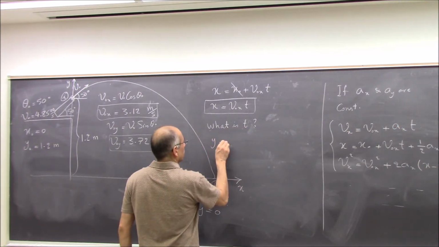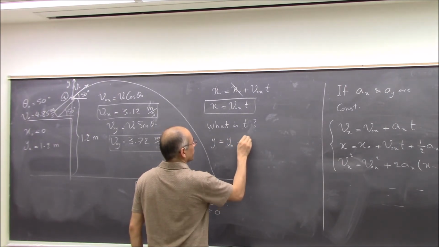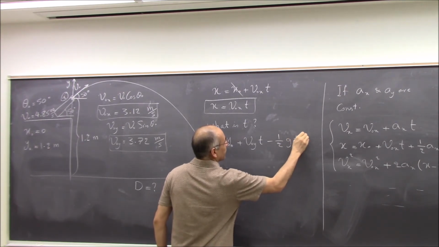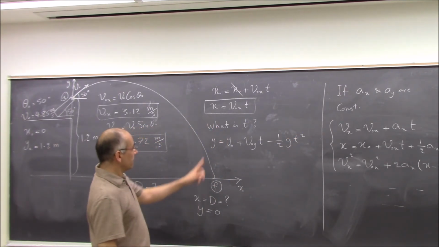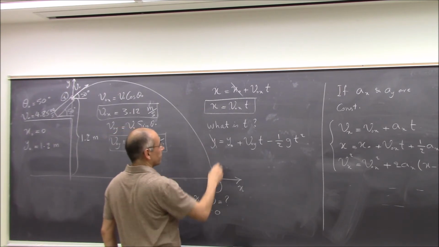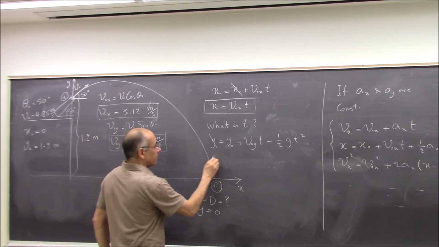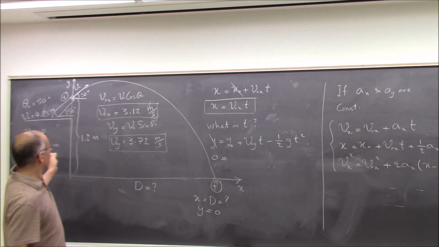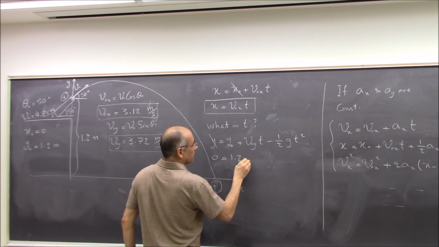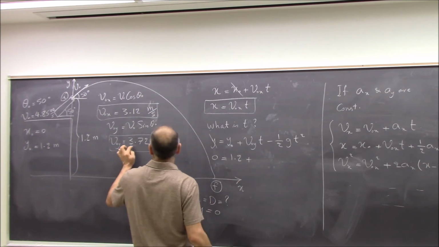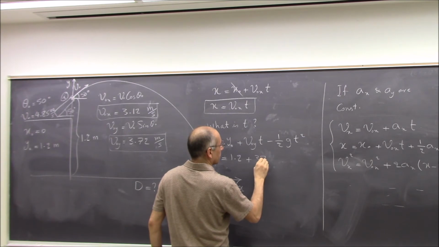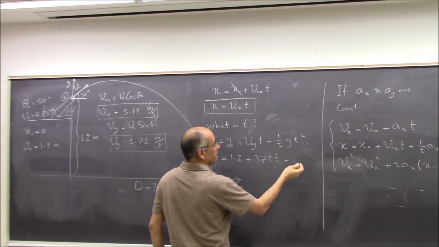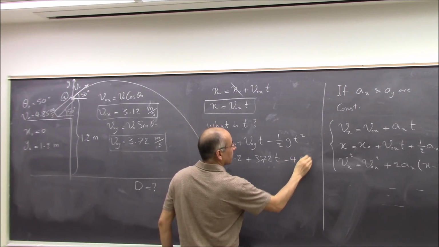We write y equal to y0 plus v naught y t minus 1/2 g t squared. Y is 0, so we put 0 and plug in numbers. Y naught is 1.2 plus v naught y, 3.72 t, minus 9.8 divided by 2, which is 4.9 t squared.